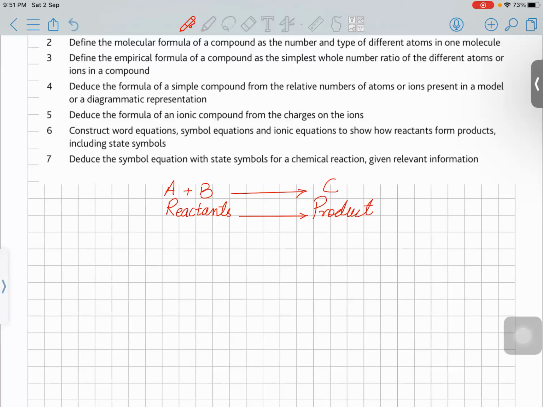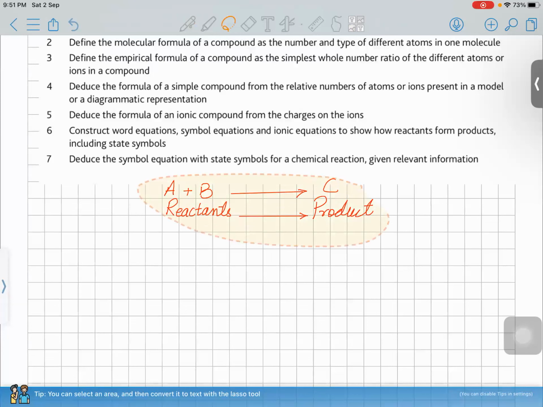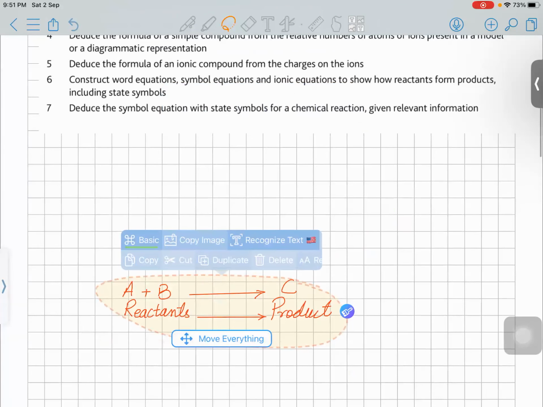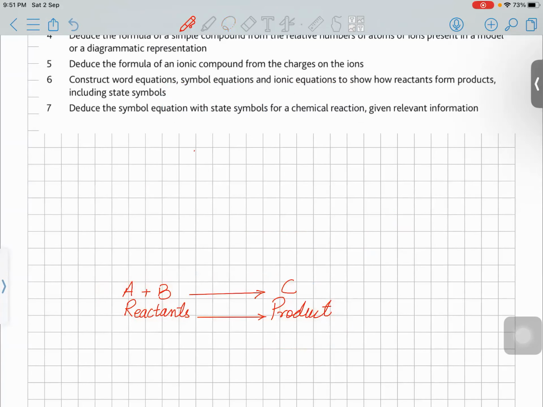Sir, you mean how many proportions of A and B you need to create exactly product C? You can say proportion, or you can say mass of the reactant, or you can say mole of the reactant.